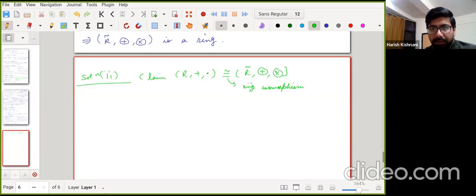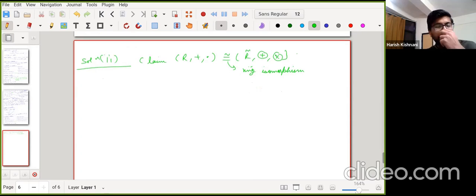For ring isomorphism, the first thing we need to show is that the multiplicative identity is mapped to the multiplicative identity. So the first claim I should write.